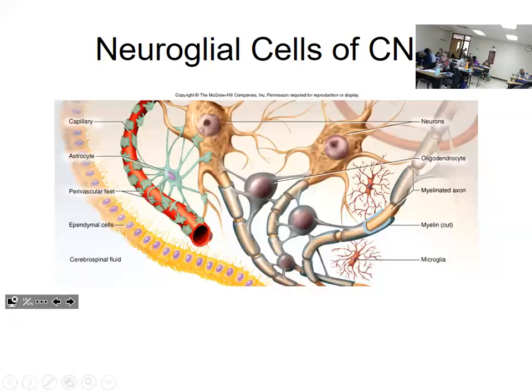And for that to happen that quickly, those axons had better be myelinated, because when the action potential is generated, that electrical signal can be sent quickly, 100 times faster than if an axon is not myelinated.